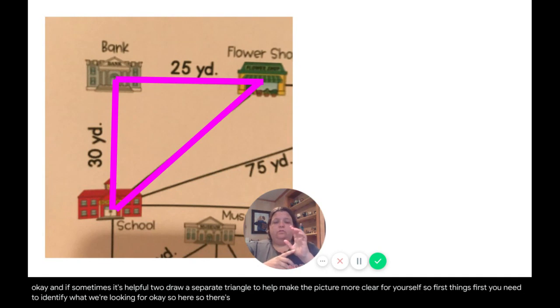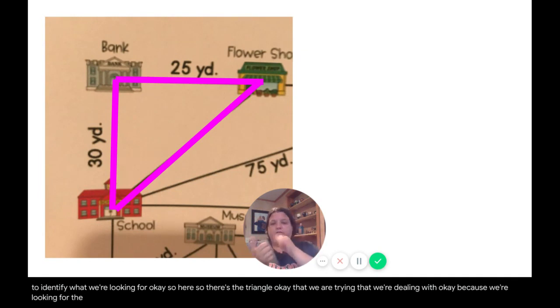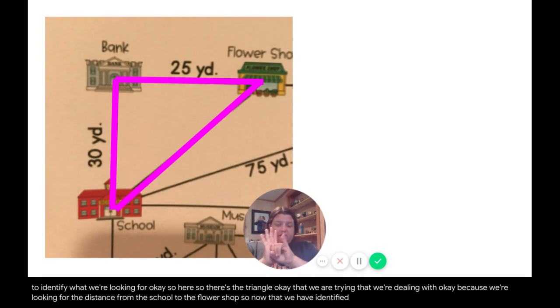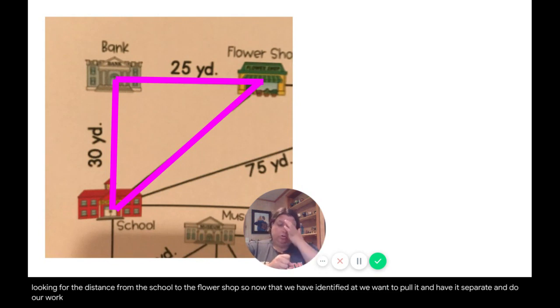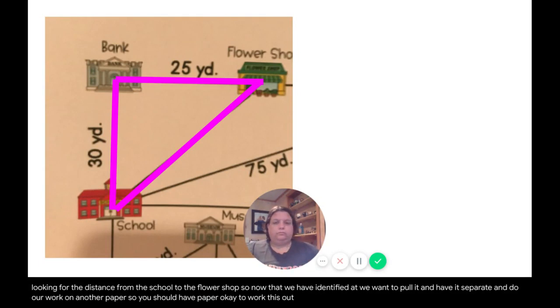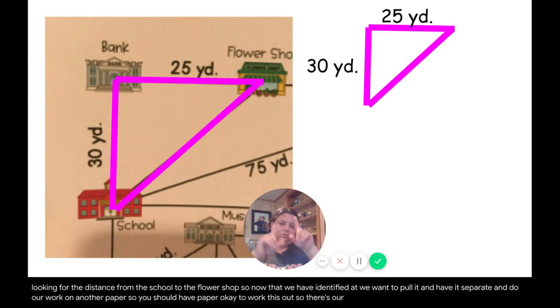So there's the triangle that we're dealing with, because we're looking for the distance from the school to the flower shop. So now that we have identified it, we want to pull it out and have it separate and do our work on another paper. So you should have paper to work this out. So there's our triangle that we're working with.